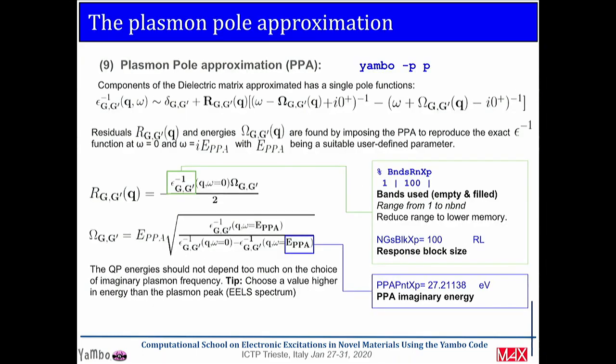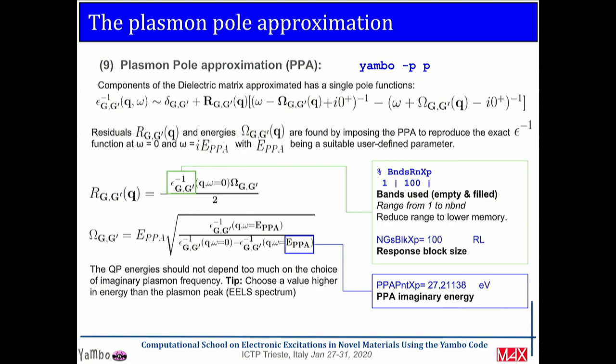Okay. This is again a slide taken from the cheat sheet: what are the input variables governing the Plasmon-Pole. So what do you have to care about? Essentially, you always calculate the static limit, and you calculate the screening matrix at this PPA energy fixed here, and of course you need a converged calculation of your matrix for these two frequencies, and these are the variables.